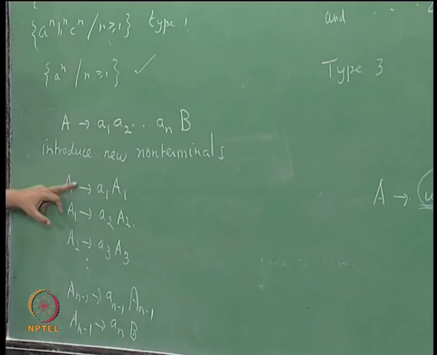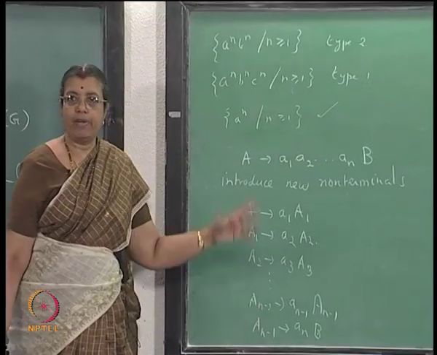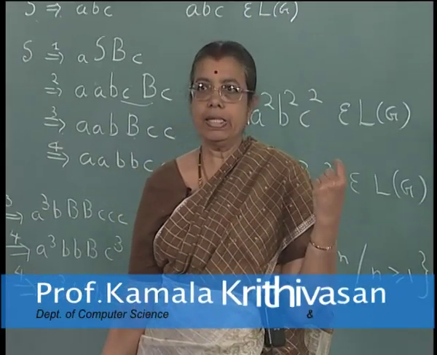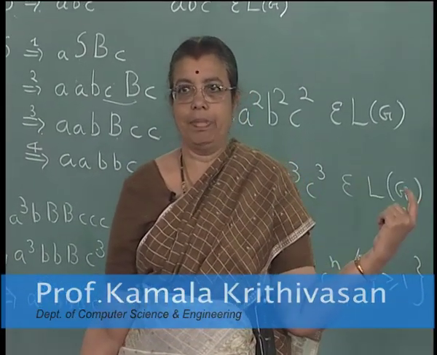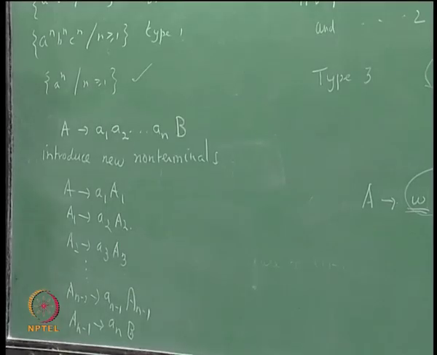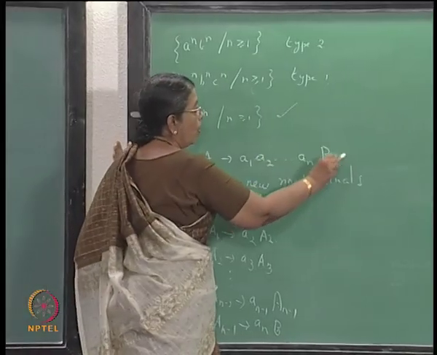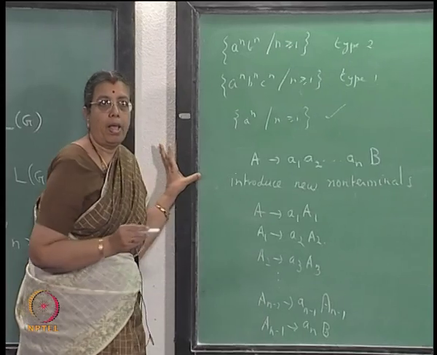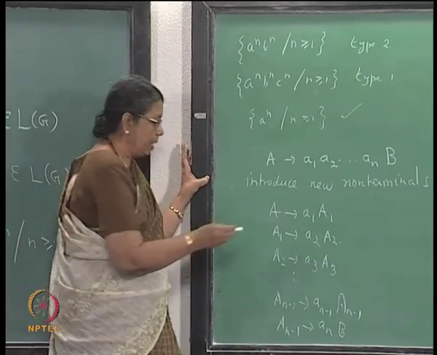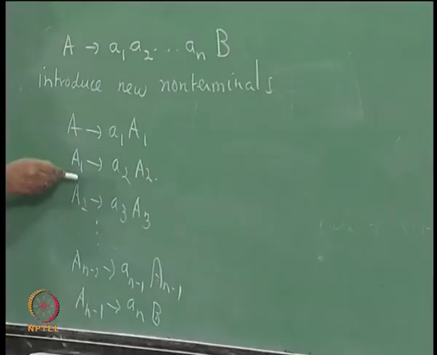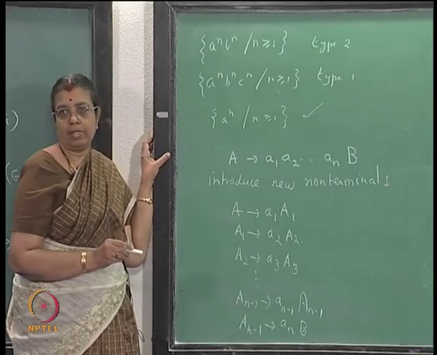Now, each one of these rules is of that form. Left hand side you have a single non-terminal, on the right hand side you have a single terminal followed by a single non-terminal. You are introducing new non-terminals A1, A2, A3, ..., An minus 1. So, the application of a single rule of this form is equivalent to applying a sequence of rules like this. If you apply this first, then this, then this and so on, the effect will be the same as applying this rule.